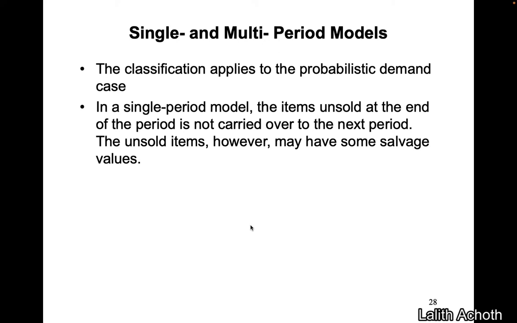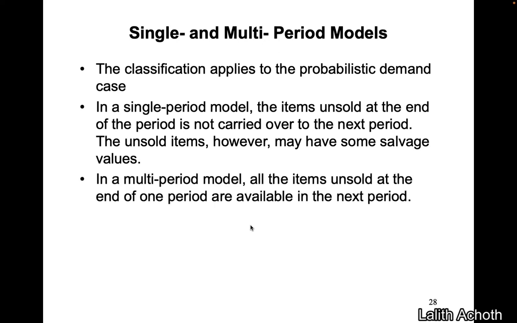March, April, people don't buy calendars. So the calendar's salvage value will probably be paper. So that is called a single period model. In a single period model, unsold items at the end of the period cannot be carried over to the next period. Could be for vegetables, could be for calendars also. The unsold items, however, have a salvage value. You can probably sell vegetables to a hotel and they'll buy them cheaply.